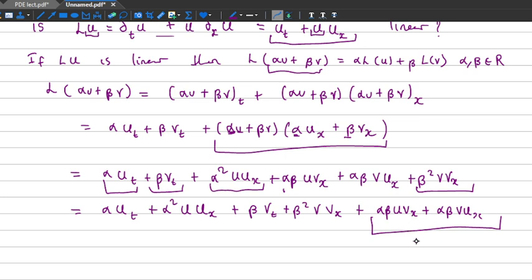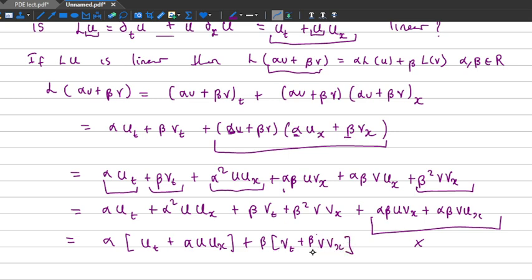So as you can see already here, we cannot separate u and v alone. So that is a problem that we have. Then the second problem is here. When we factor out alpha, we're going to have u_t plus one alpha term, alpha u u_x. Same applies here. When we factor out beta, we're going to have v_t plus beta v v_x.